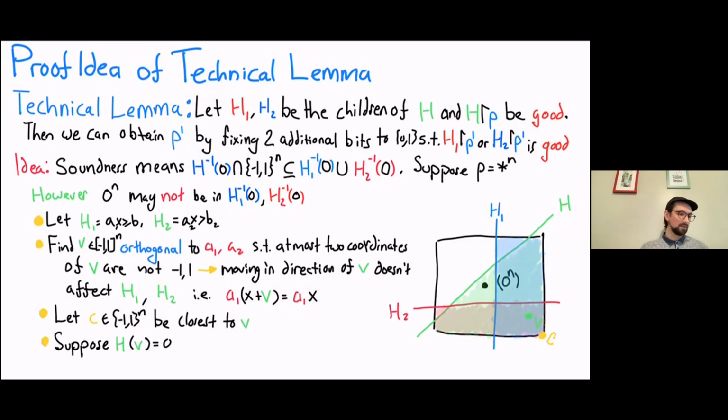Now, V is either falsified by the half space H or is not. We can assume that it is falsified by it, because otherwise we can just set V to be -V and C to be -C, and we still have all the nice properties we want of V. V is still orthogonal to both of the things. So we can assume that V is falsified by H.